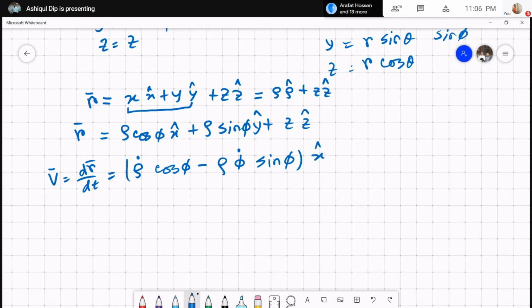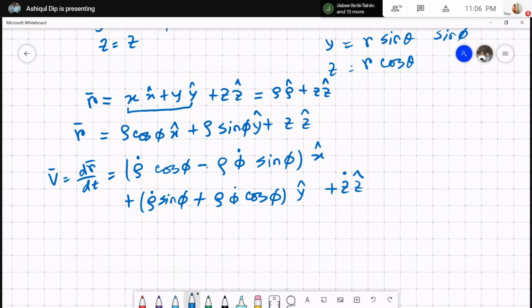Okay, so this is x hat plus, then how much is y hat? It's rho dot sine phi plus rho phi dot cosine phi y hat plus z dot z hat, right? So now we can actually separate the rho dot part and the phi dot part.